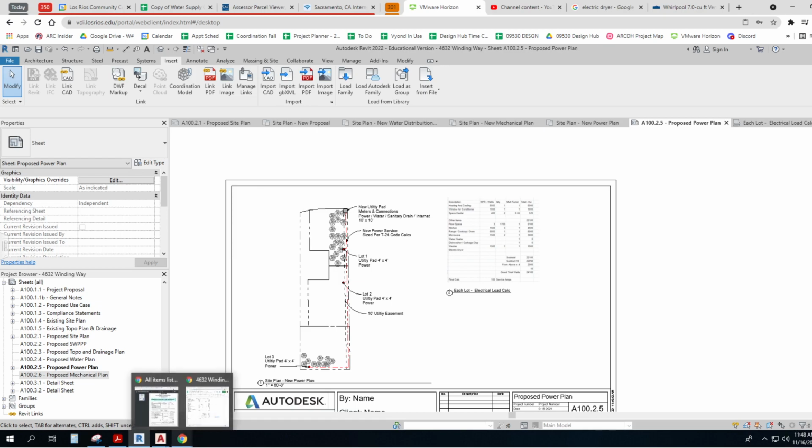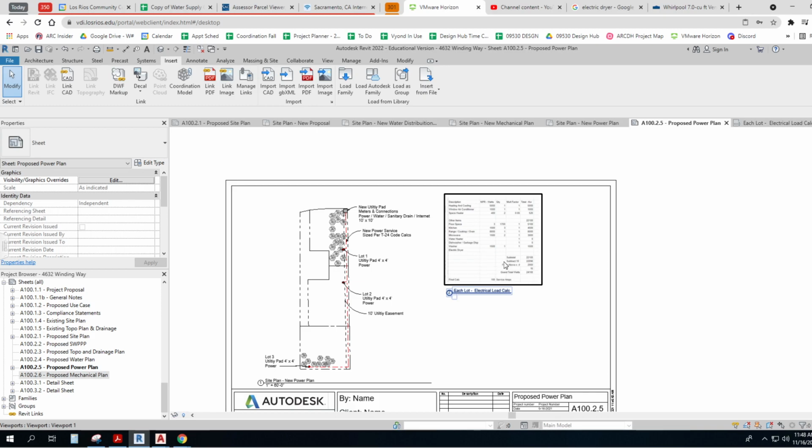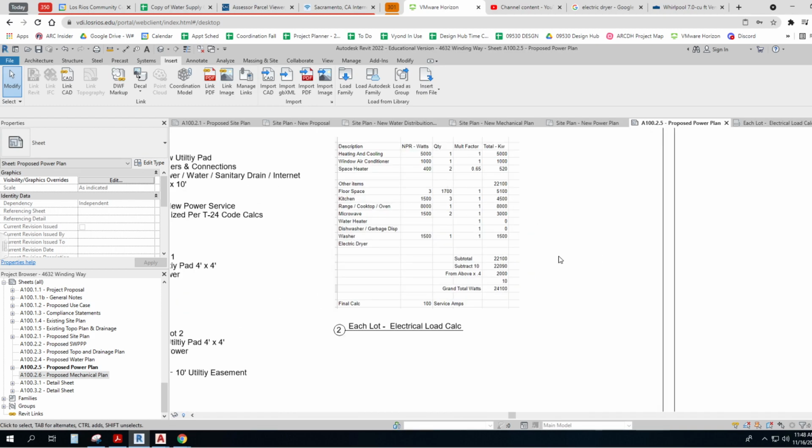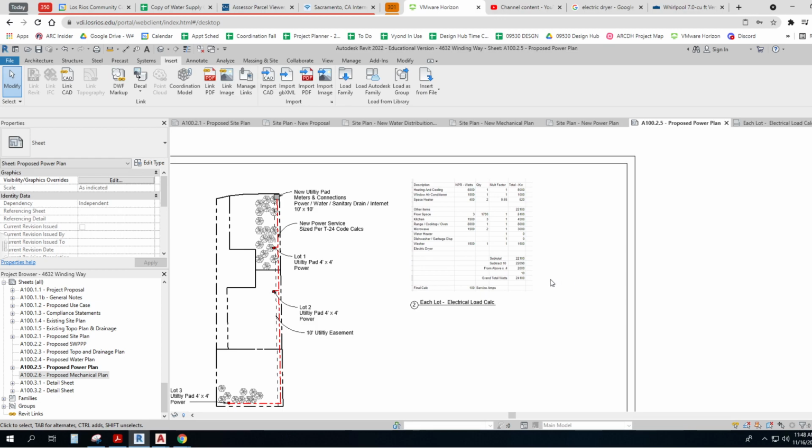You said that you wanted an electrical load calculation for each lot. Well, you can either do each lot or you can size it to what you think the largest one would be. Like if you were planning a building pad of 1,200 square feet, 1,500 square feet, 2,000 square feet, you could do an electrical demand for each one because they're going to be smaller heating and cooling and so forth.